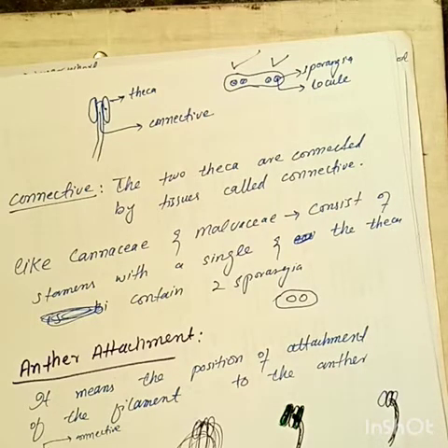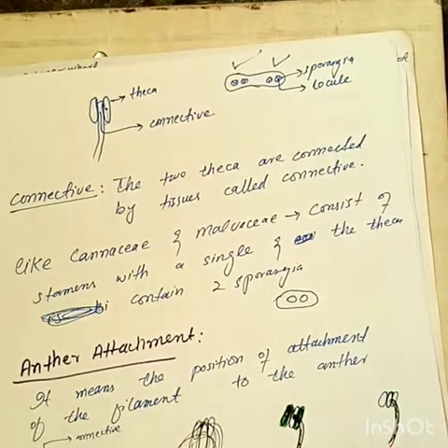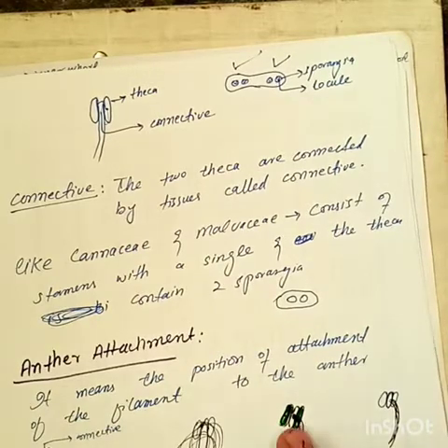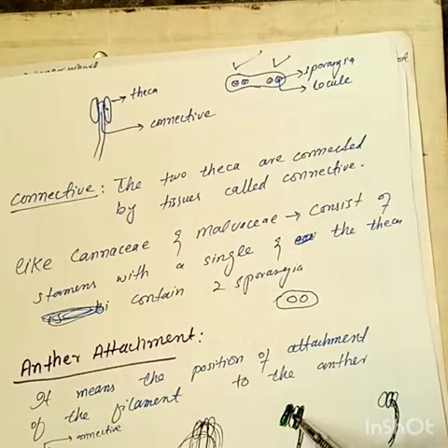Subdorsi means near the base. In this case, the filament will attach to the anther near the base. This was at the middle position of the dorsal side, and this is near the base of the dorsal side.